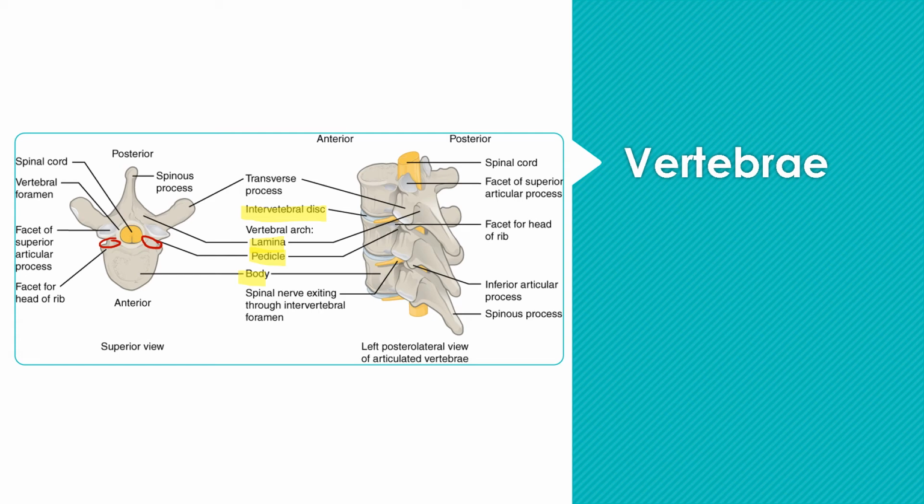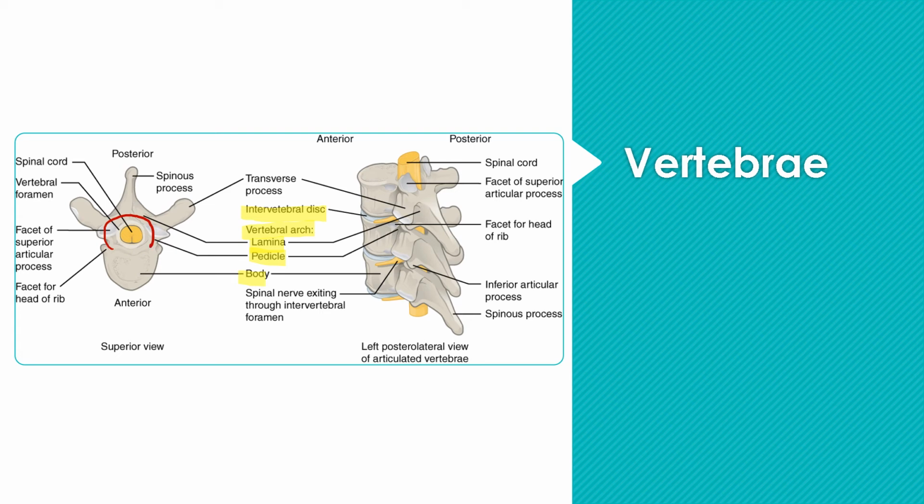So these flat portions here. And the pedicles and the laminae together form the vertebral arch. So the vertebral arch extends posteriorly from the body of the vertebra. So we can see this arch around like this.